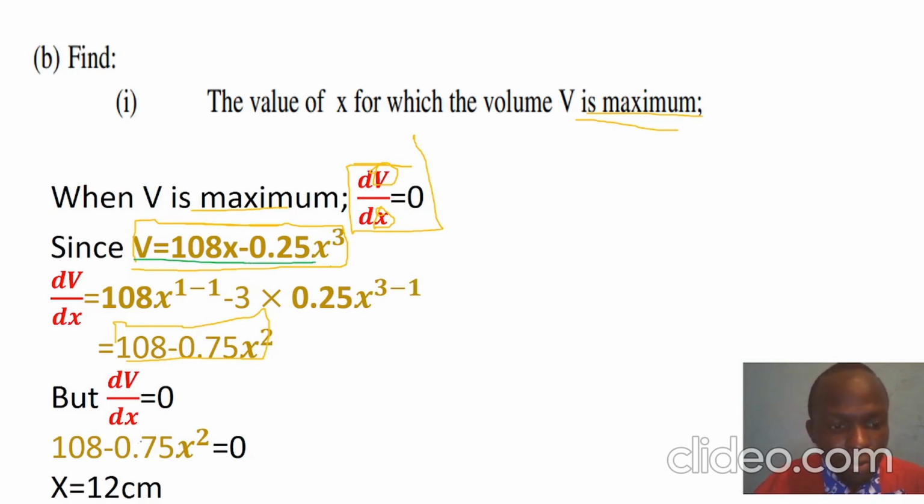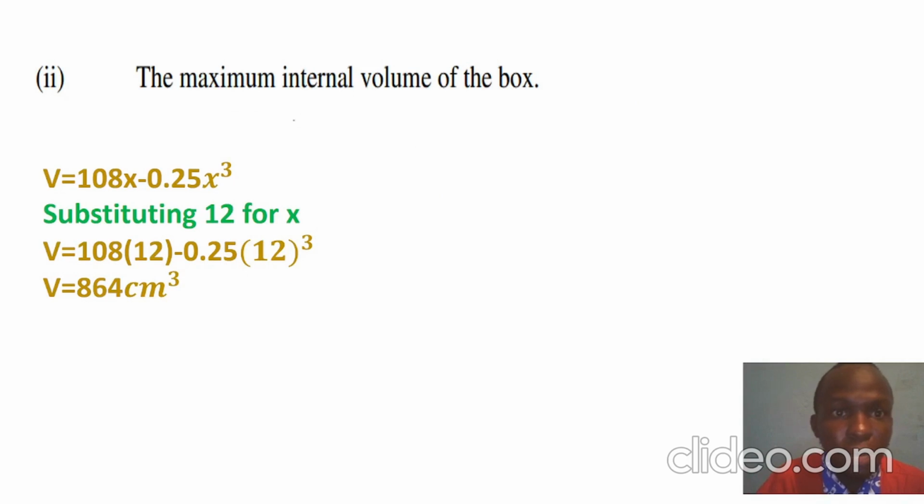And we have already found that the value of x is 12 when this V is maximum. So we are going to substitute the value of x in this function. Substituting 12, we come up with 864 cubic centimeters.